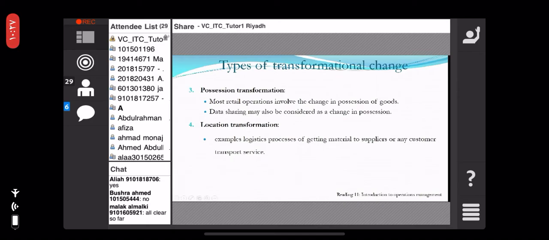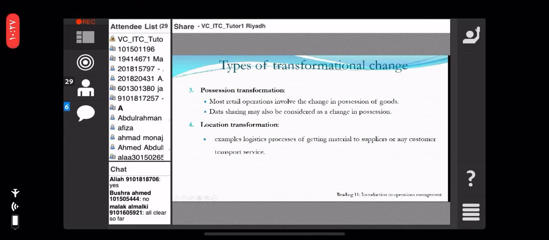So most retail operations involve the change in possession of goods, meaning from one place to another place in the retail industry. Plus, data sharing may also be considered a change in possession. Data could be anything.